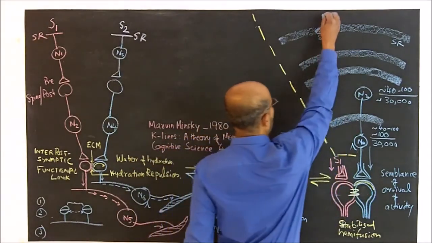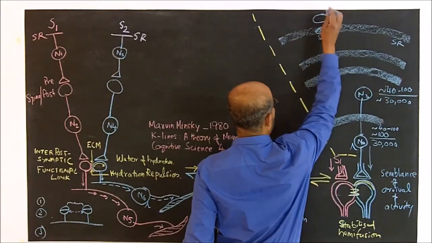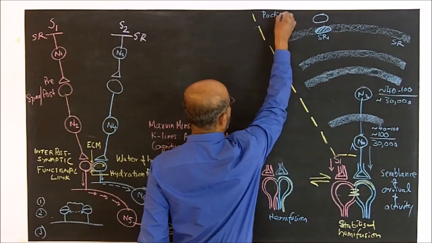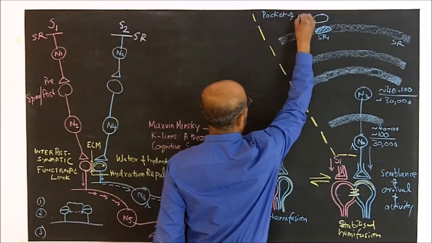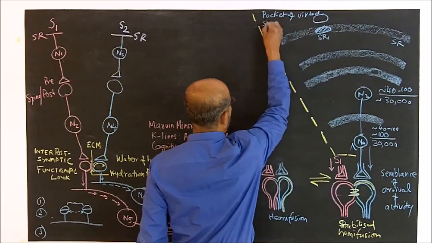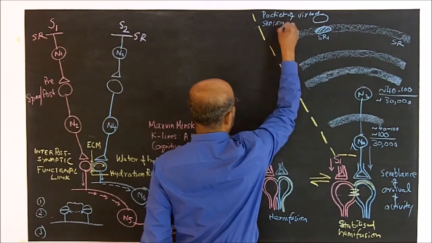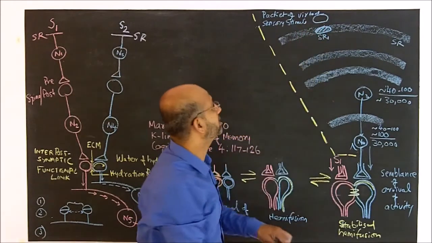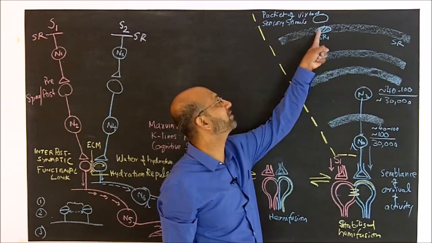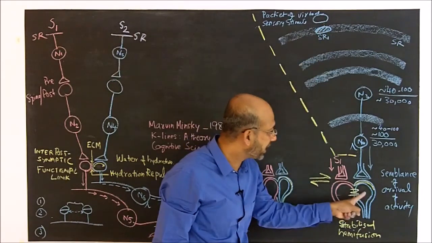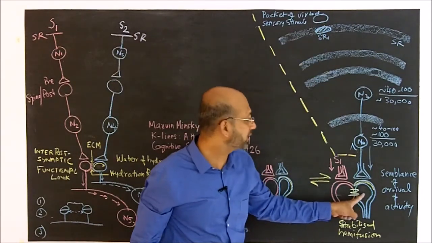And let's find the packet of virtual sensory stimuli that is capable of activating that sensory receptor subset whose activation can lead to the depolarization of this dendritic spine.